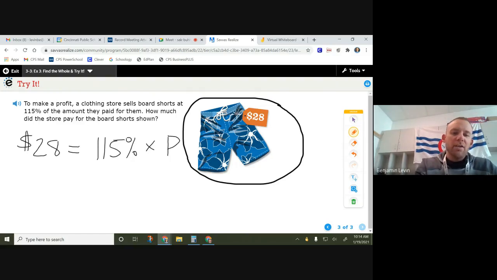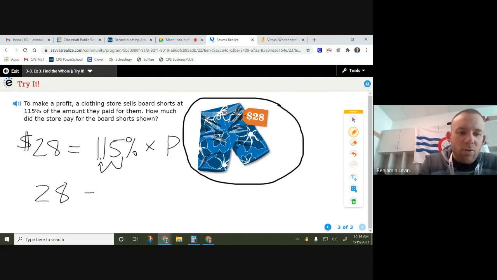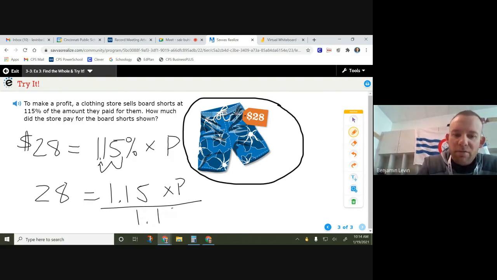If they charge $28 and the markup is 115%, first we're going to convert 115 into a decimal. So we're going to move it 2 spots to the left. So we have 28 equals 1.15 times P. Last step, in order to isolate the variable, we must divide both sides by 1.15.